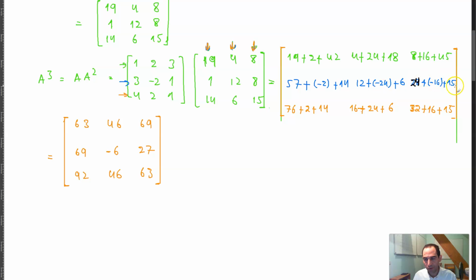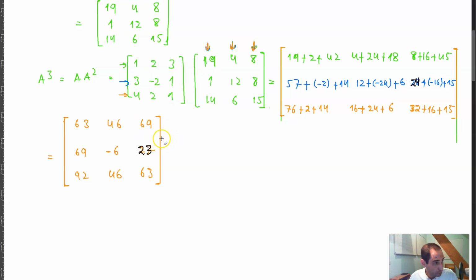And so then 24 plus 15 is equal to 39. 39 minus 16 is equal to 23, of course. Right. Now 16 plus 76 is equal to 92, 46, 63. So this matrix is correct, except for one mistake that I made here.